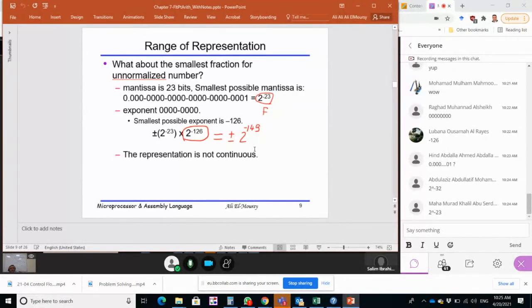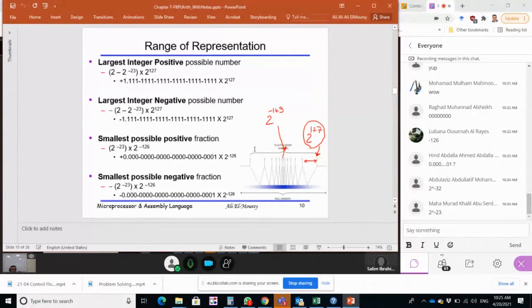This is a very small infinitesimal fraction.